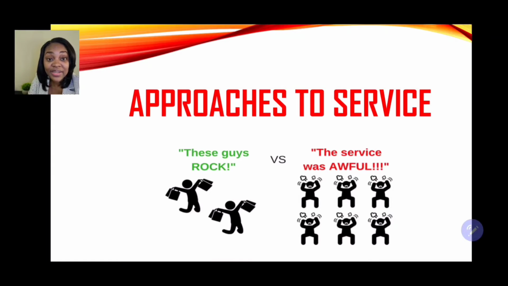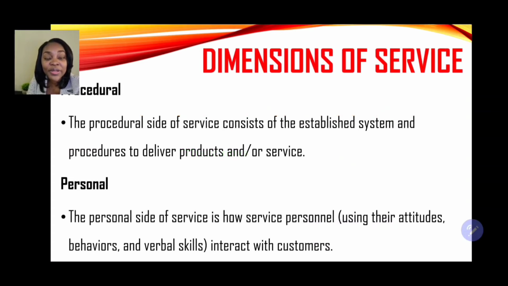Based on the diagrams on your screen, you can see on one side we have happy customers jumping up in the air, and on the other hand, you have customers who are angry because they think that the service is awful, or they may have experienced bad customer service.